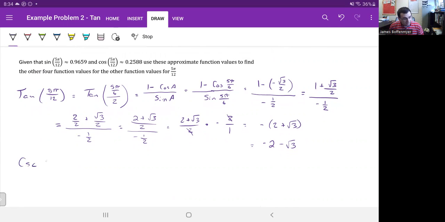So the cosecant of 5 pi over 12 is equal to 1 over 0.9659.